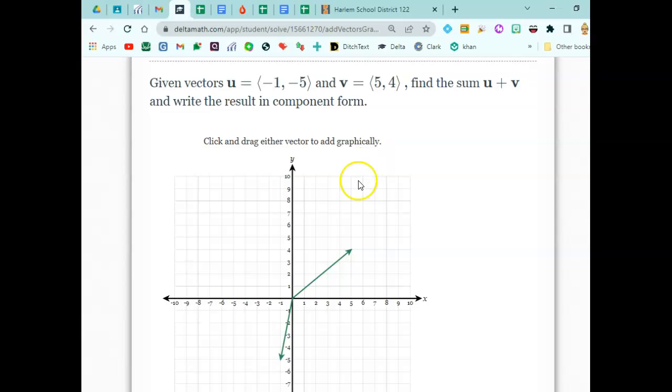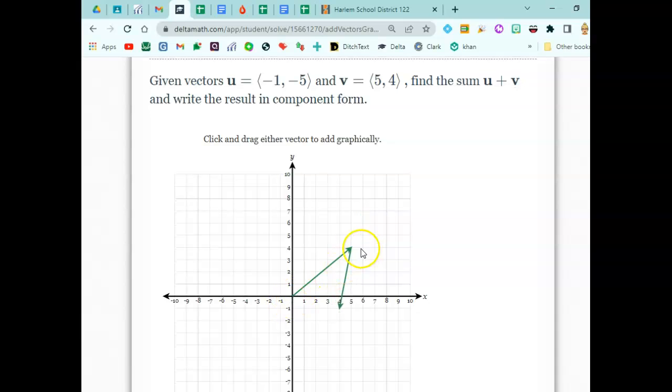We haven't talked about this yet, but it's really easy. You click on one of them and you drag it until it ends where the next one starts. So I could drag it there. I could put this one back and drag this one down. Okay, now it's not happy with me. But the end of one has to be the start of the next one.